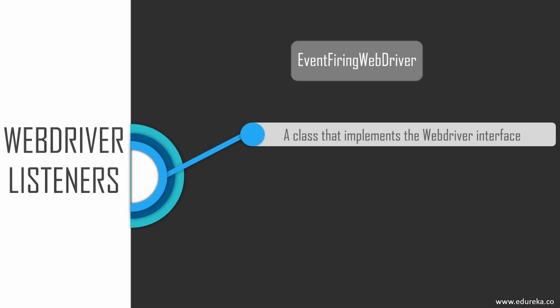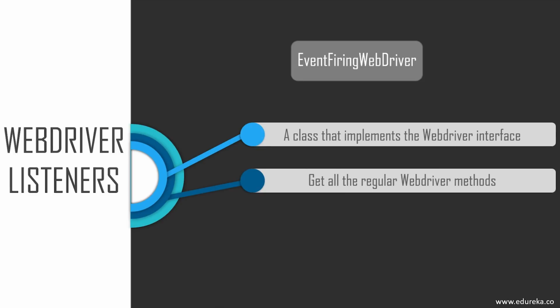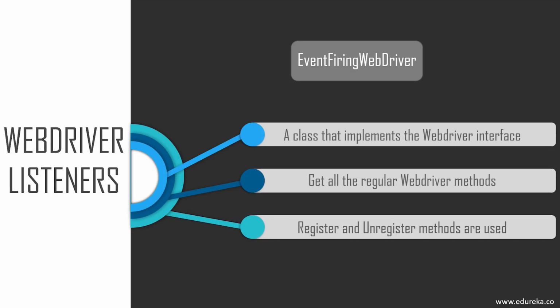This means you will get all your regular WebDriver methods like find element by ID and find element by tag name. In addition to this, you'll also have two methods, the register method and the unregister method, where the register method lets you register the implementation, whereas the unregister method helps with the detaching process. So this is about the WebDriver listeners, guys.